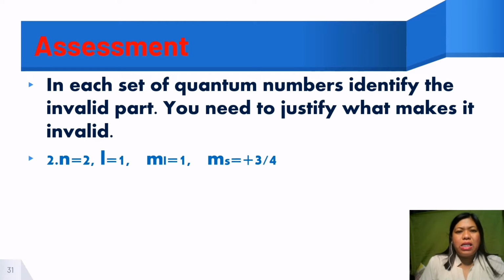Okay, M sub S has two possible values, and it can be positive 1/2 or negative 1/2. In this set, the invalid entry is M sub S. Just like what we said, spin quantum number has only two values, and these are the positive 1/2 and the negative 1/2.